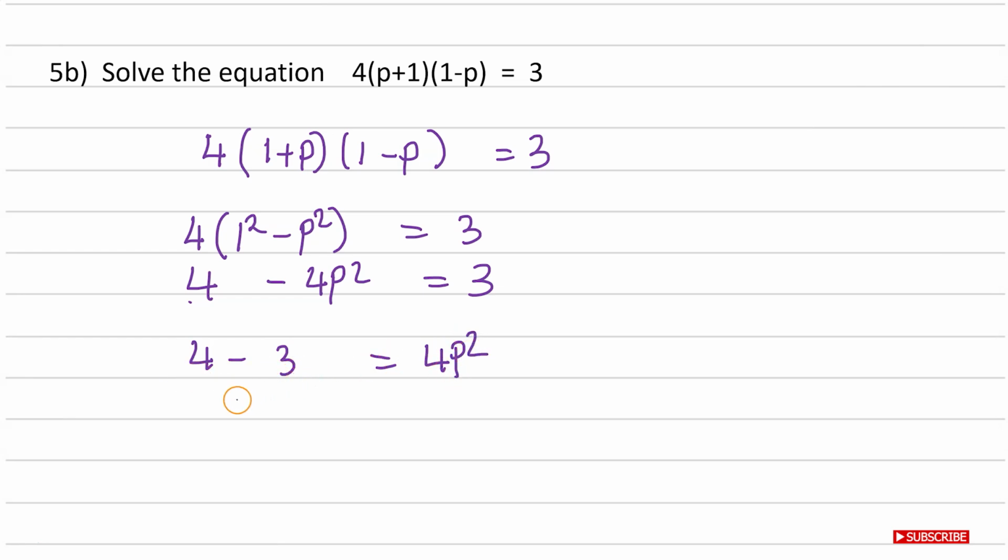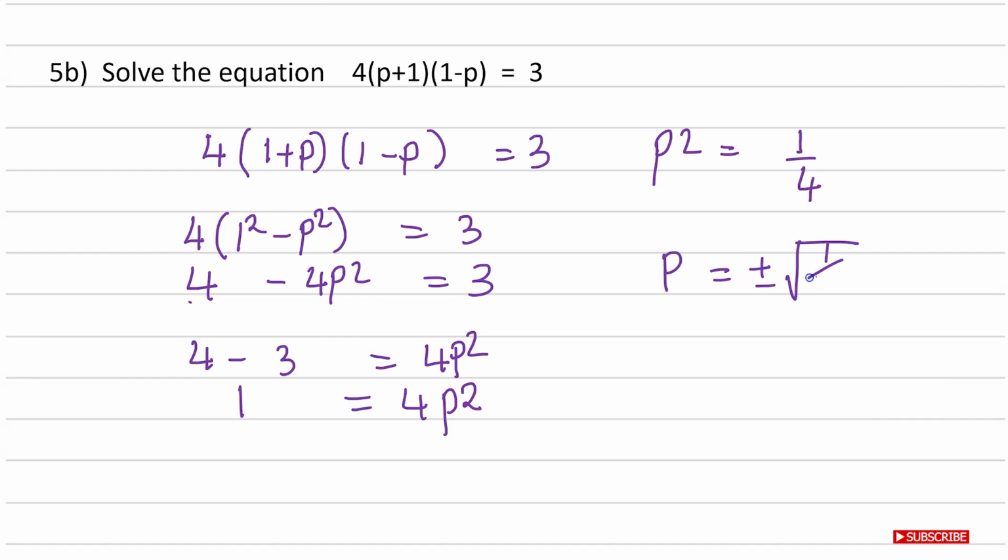So 4 take away 3 is 1, equals 4p squared. So p squared then is going to be equal to 1 over 4, and then p is going to be plus or minus the square root of 1 over 4. So therefore p is going to be equal to plus or minus a half.